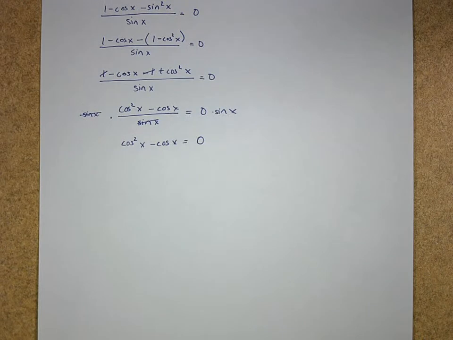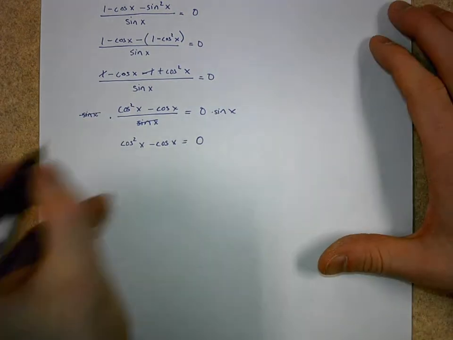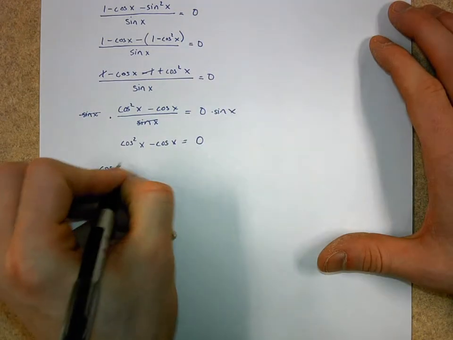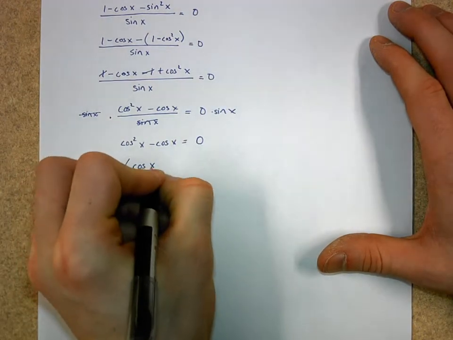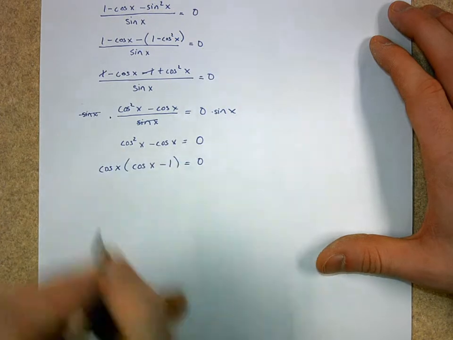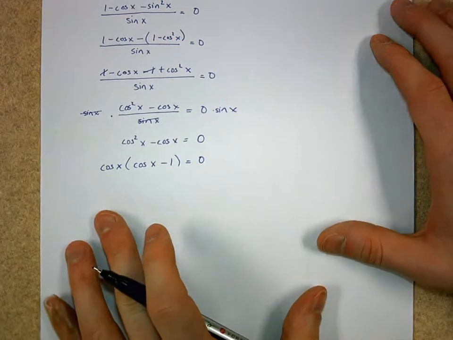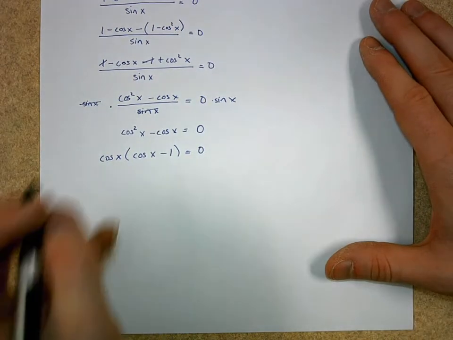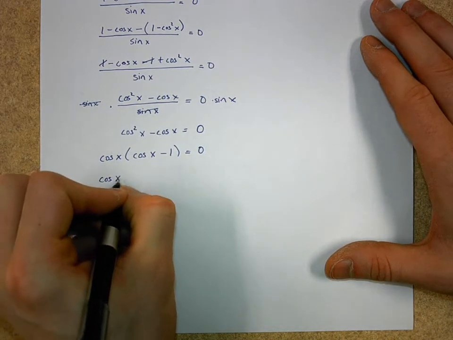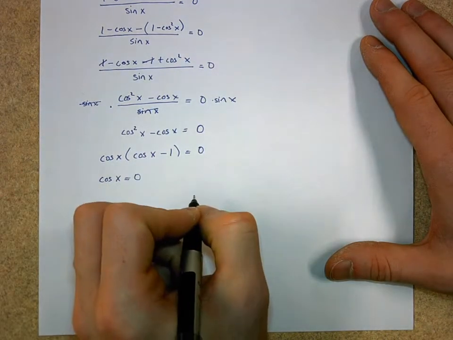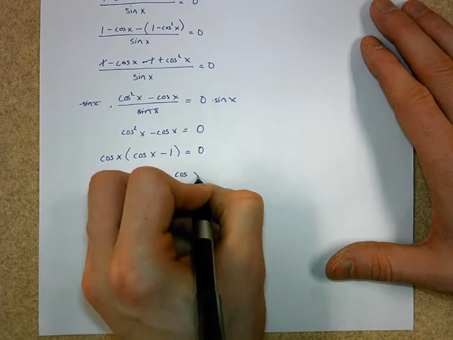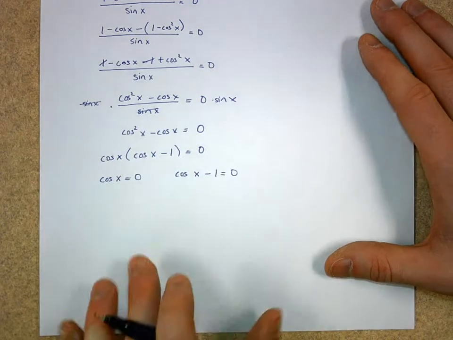Cosine squared of x minus the cosine of x is equal to 0. Let's factor out cosine of x. Cosine of x times the cosine of x minus 1 is equal to 0. Two factors being multiplied that equal 0, which means we can set each one equal to 0. Cosine of x is equal to 0, and cosine of x minus 1 is equal to 0.